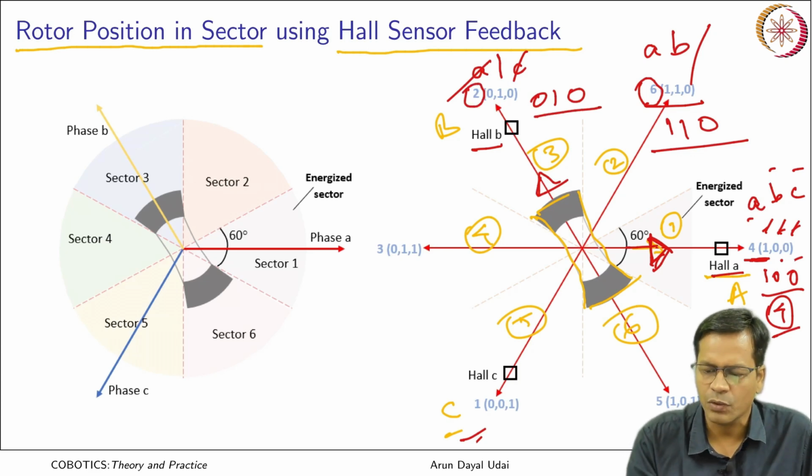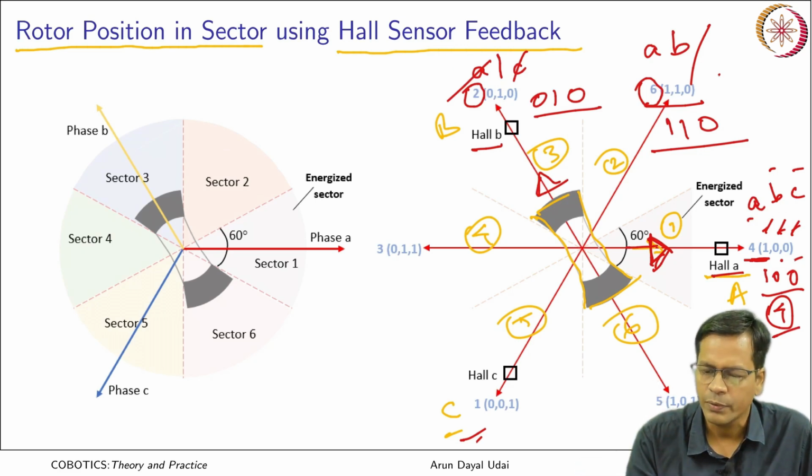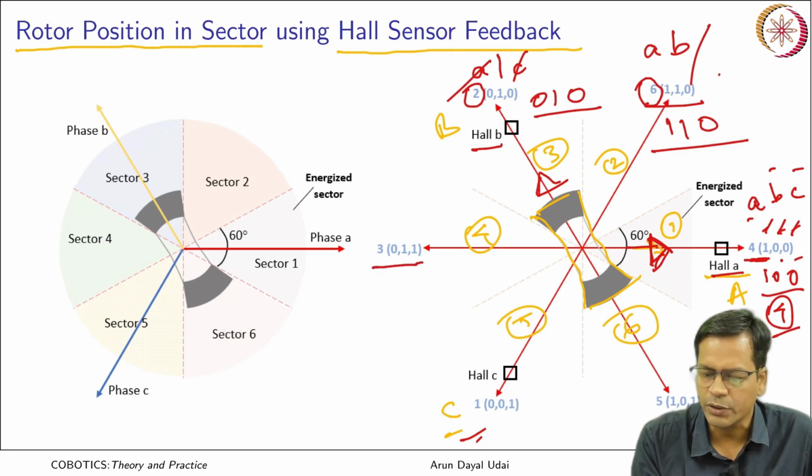So likewise, each and every position in any of these sectors will give a unique value of Hall effect sensor output. Okay. For example, if it is here, because it is 100% opposite to Hall effect sensor A, A goes to 0, B and C get energized and this gives you 0 1 1.